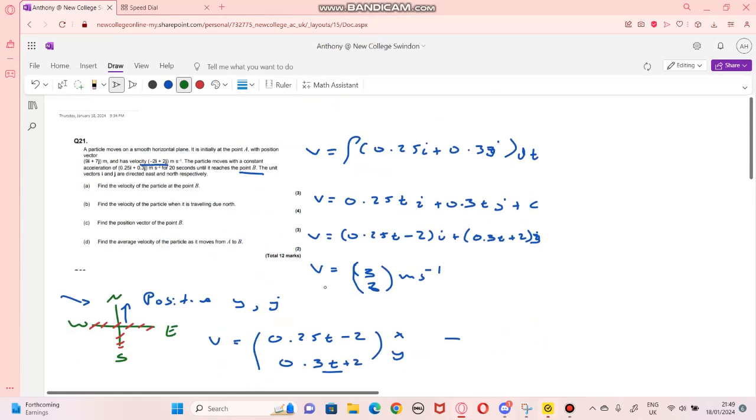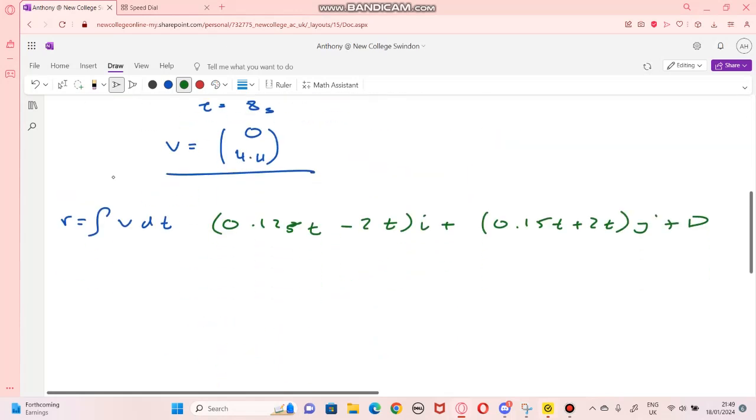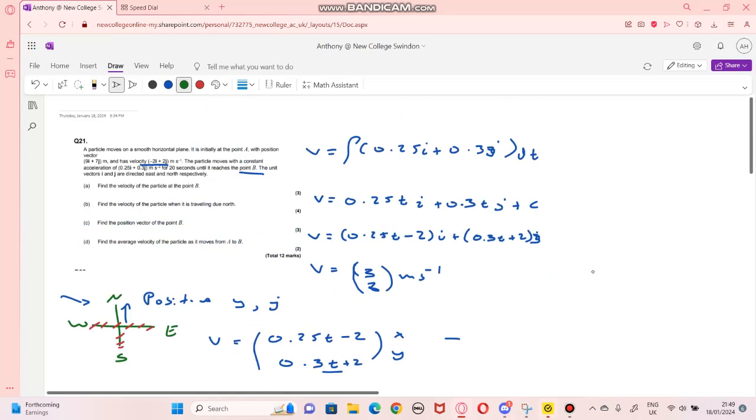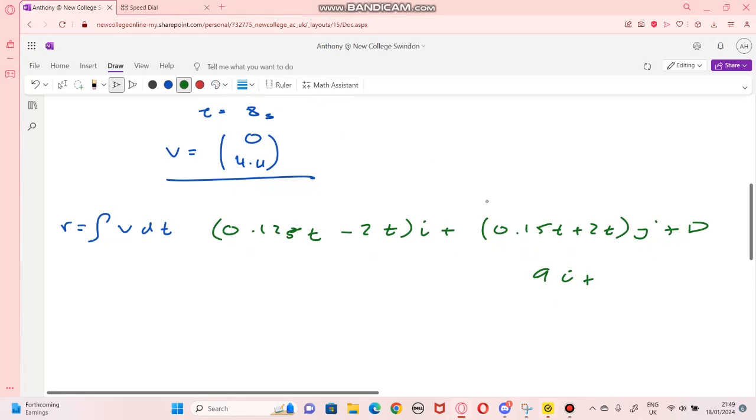Let's look back at the question. The question states that it's initially at point A with a position of 9i and 7j. So it gives us our value of d, which we can plug in: 9i + 7j as our d value here.